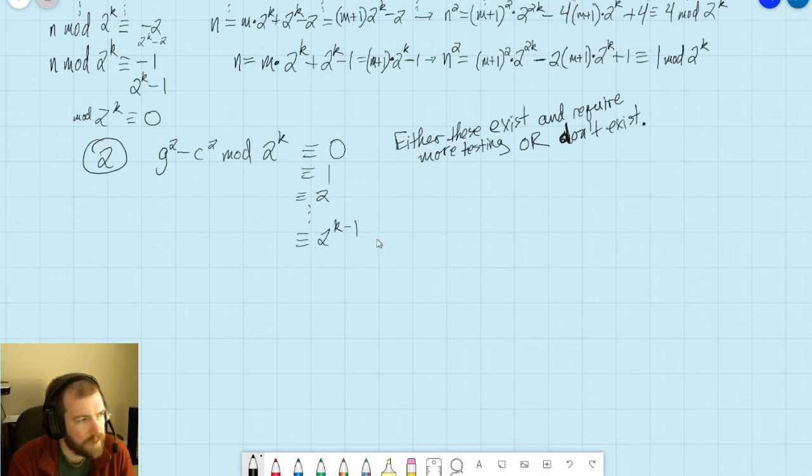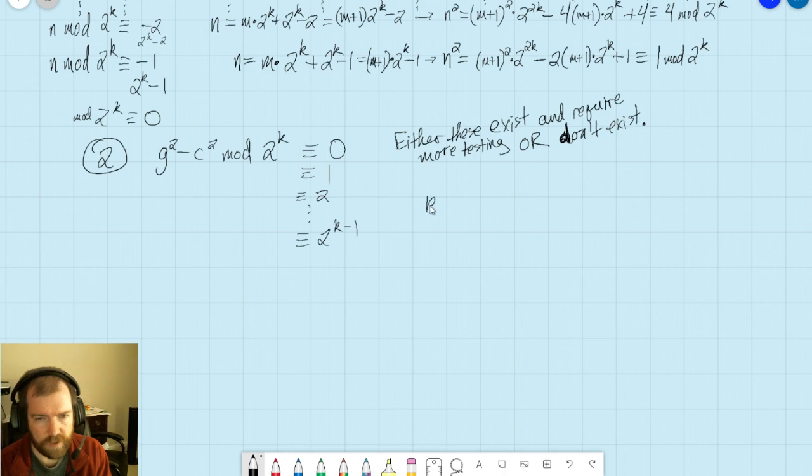All right, so last time I said we were working with g squared minus c squared mod 2 to the k. Let's just do k equals 2 for an example.